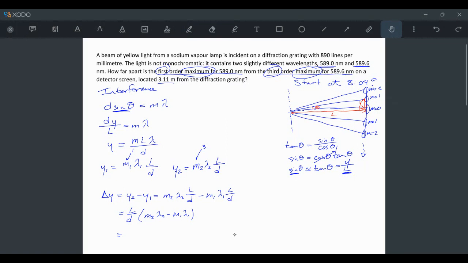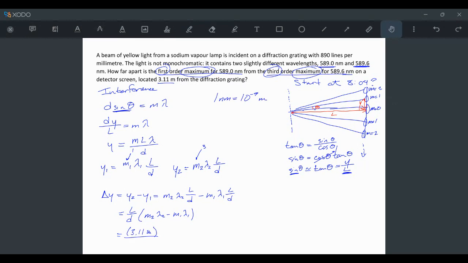So you just need to remember that 1 nanometer is equal to 10 to the minus 9 meters. Nano means 10 to the minus 9 for metric prefixes. So to make everything convenient, on the fly, I'm just going to convert everything to meters. So our screen is 3.11 meters from the grating.